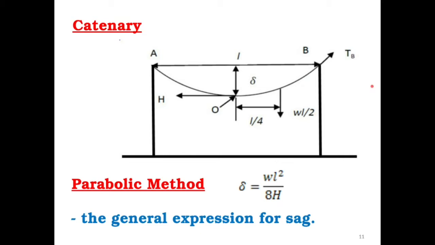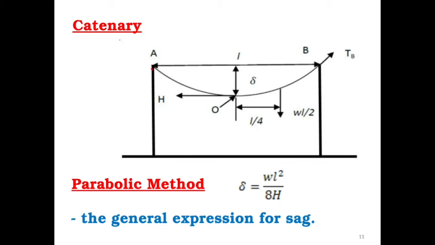Now, how do we get that equation WL squared over 8H? Sometimes we also write capital T instead of H for tension. So what we do here is consider the tension working at these two supports.